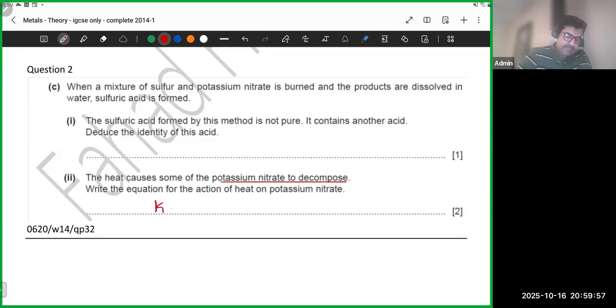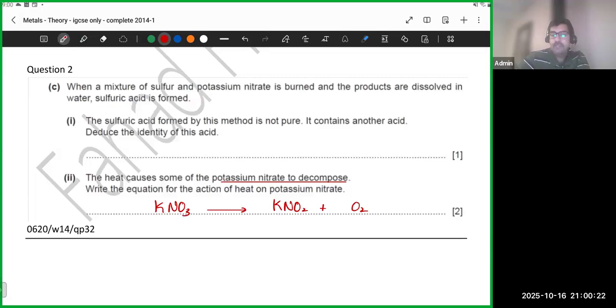Potassium is group 1, K plus 1, NO3 minus 1. Remember I told you group 1 will not decompose fully. Group 1 nitrates are harder to decompose. So it's going to form a nitrite and O2 gas molecule. Okay, it's not going to fully decompose.